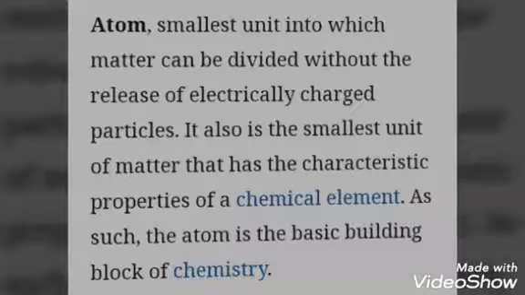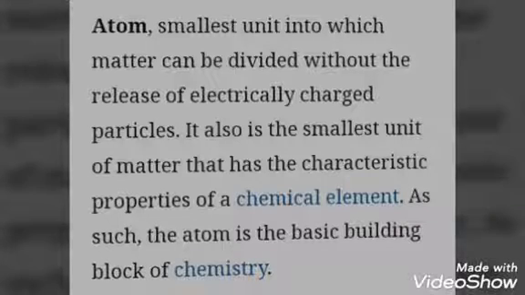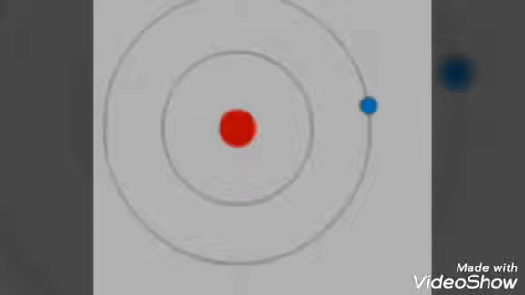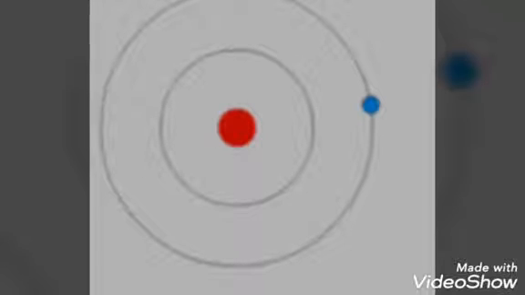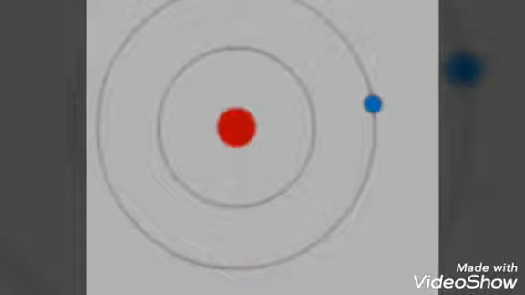As such, the atom is the basic building block of chemistry. An atom has 2 main parts. The central part, called nucleus, contains protons and neutrons, and in the extranuclear part, electrons revolve in different energy levels, which are also called shells.